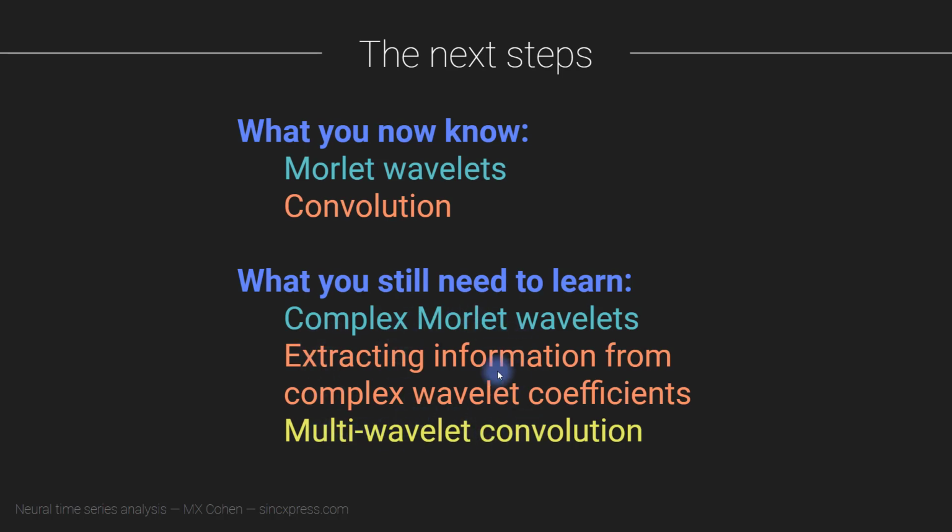Now, these all sound like really fancy terms, but you basically already know all of this stuff. I just haven't really put it together for you. For example, extracting all the information from complex wavelet coefficients, this is really the same thing that we're doing with the Fourier coefficients. We just think about them in a slightly different way.